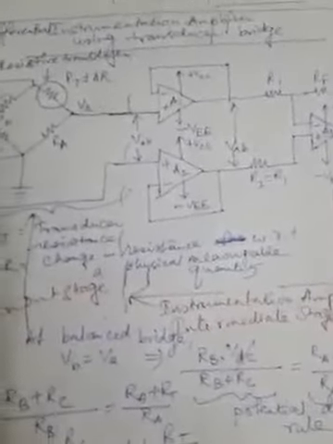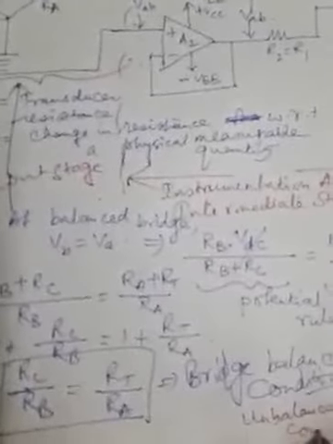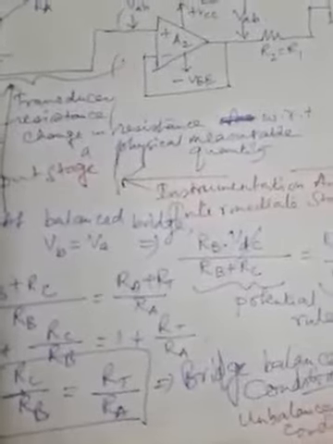Okay, so this will be the indication of unbalancedness of the bridge. This is the unbalanced condition, and at the unbalanced condition, VA is not equal to VB.